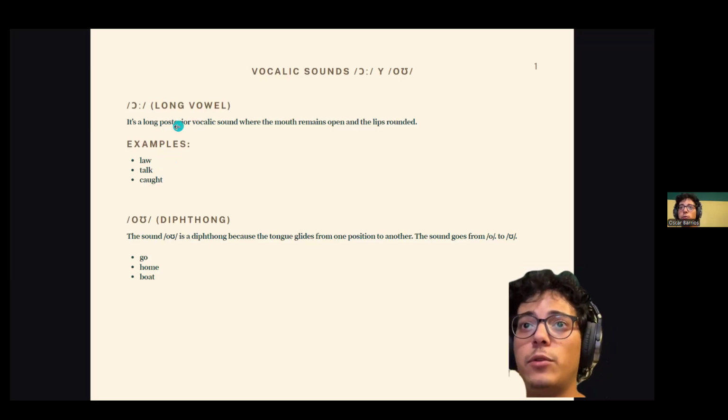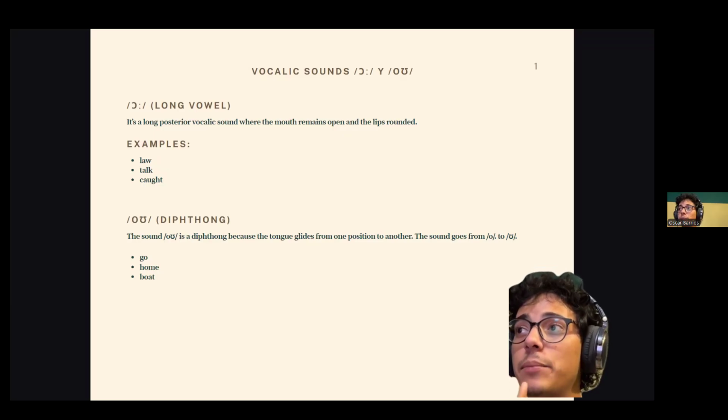And we have them right here in this short summary. Mouth remains open and the lips rounded. So, for example, law, law. As you can see, my mouth remains both open, and the lips rounded in an O shape.